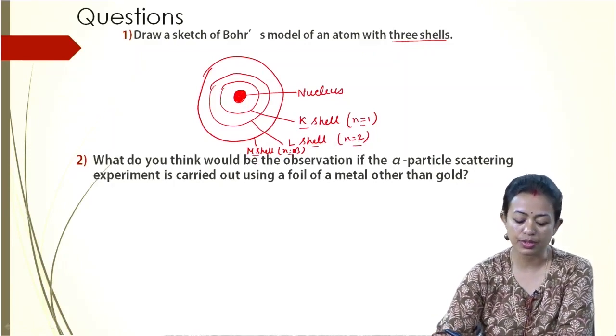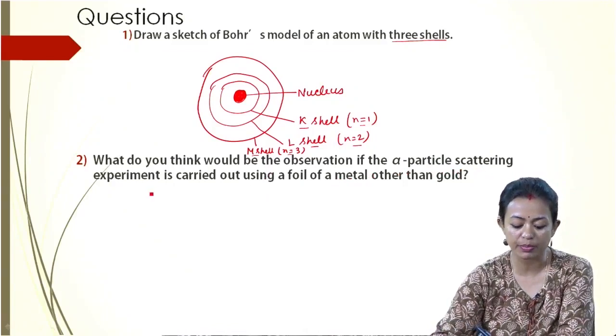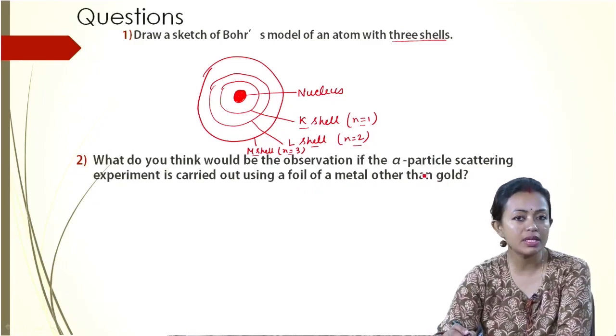Now the next question. What do you think would be the observation if the alpha particle scattering experiment is carried out using a foil of a metal other than gold? Now one thing we need to understand is the property of gold and any other metal. We know that metals are highly malleable. Malleable means they can be beaten into thin sheets.